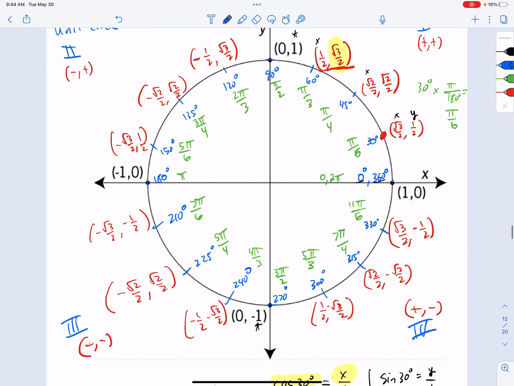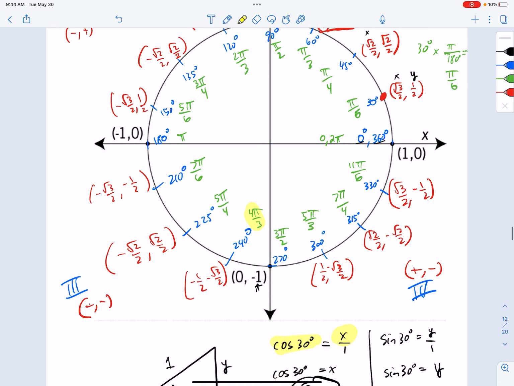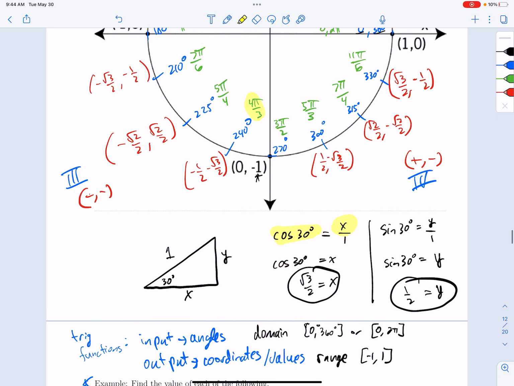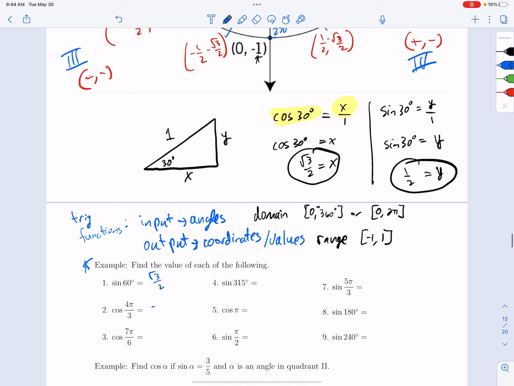All right, number 2, cosine of 4 pi over 3. That angle, 4 pi over 3, is down here. Cosine is the x coordinate, so that's negative 1/2 is what we want.